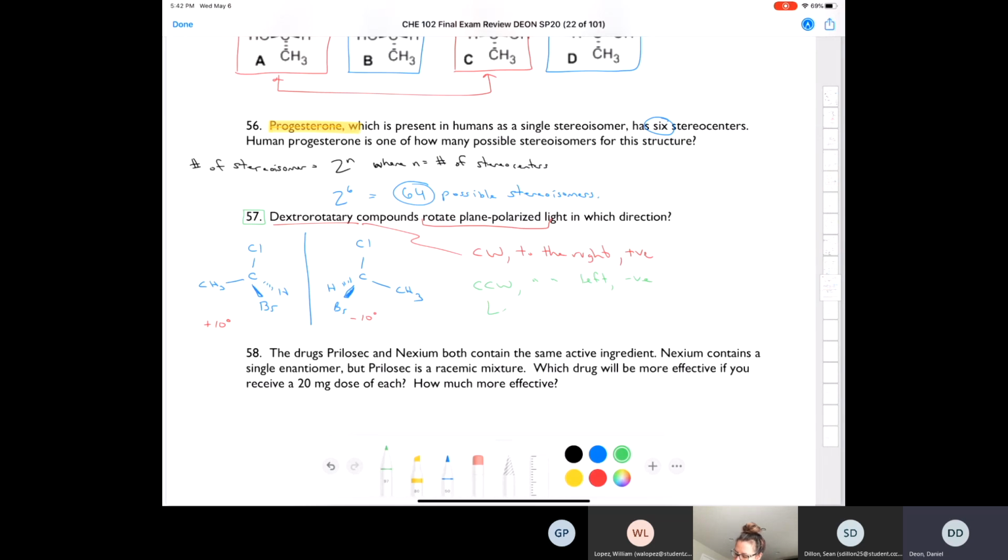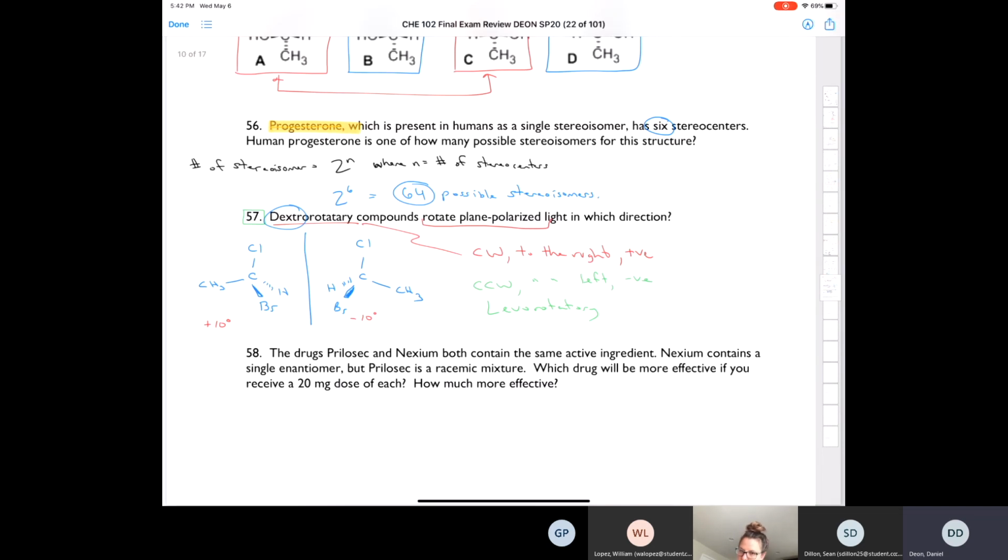We call that levorotatory. So dextrorotatory rotates plane polarized light to the right. And you can think of dextro. I always think of it in French. I don't know how you say right in Spanish, but in French, right is droite. So it's a word that starts with the letter D.